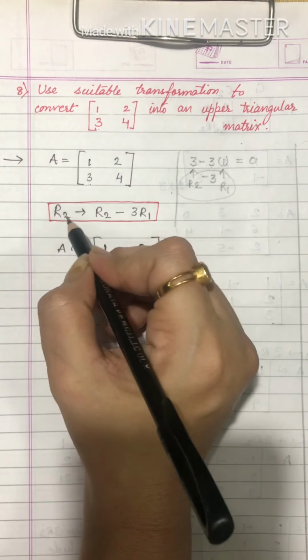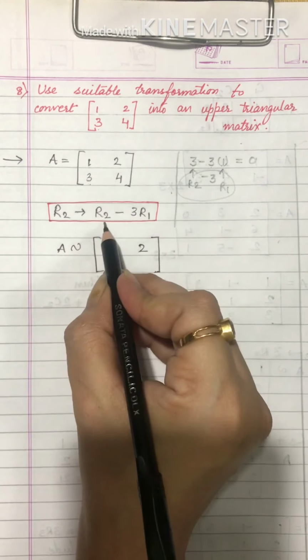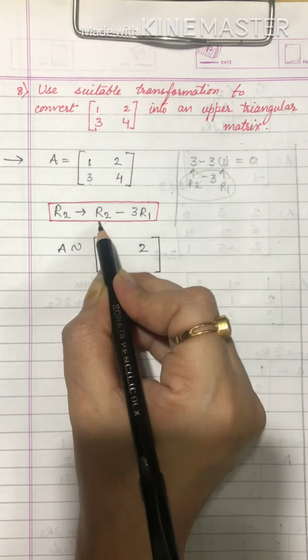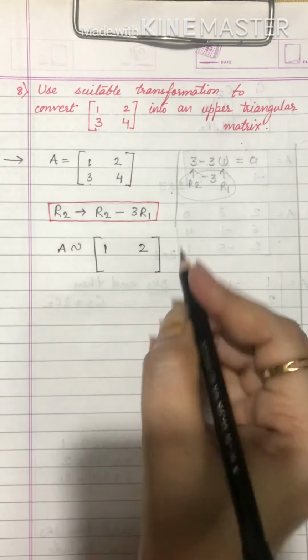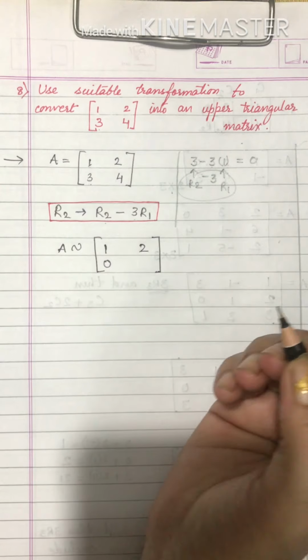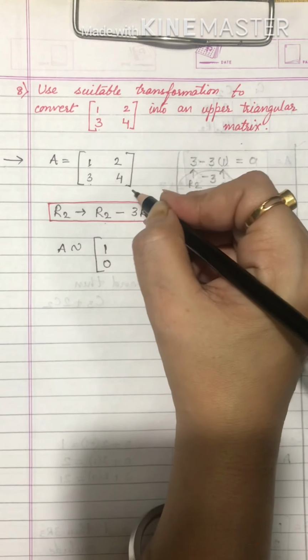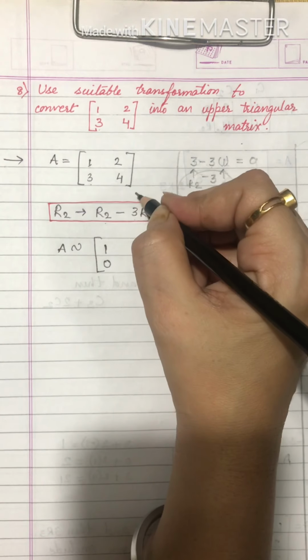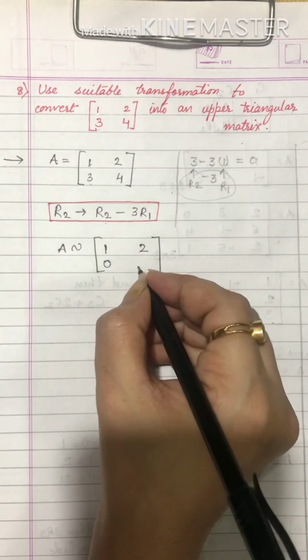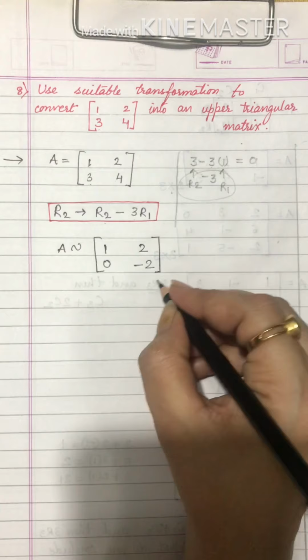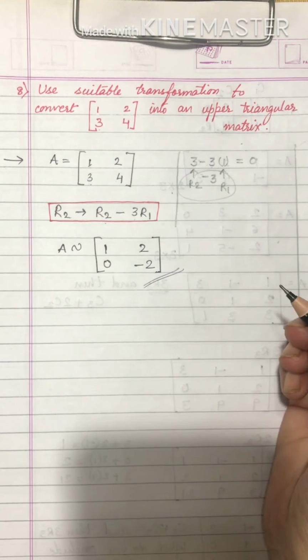Since we are doing it for R2, it is R2 minus 3R1. Here we get 3 minus 3 into 1, that is 3 minus 3, which is 0. Then 4 minus 3 into 2, that is 4 minus 6, which gives you minus 2. This is the desired answer.